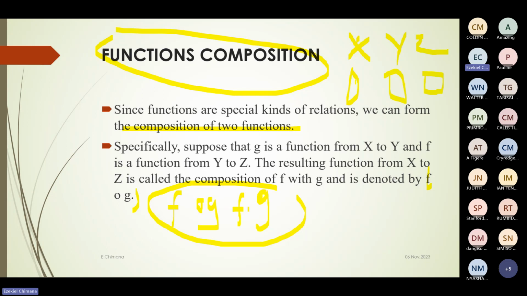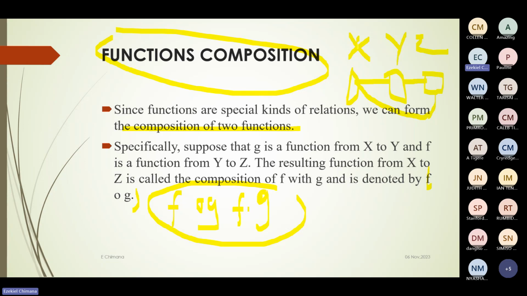The values map from X to Y and then from Y to Z. Whenever you have a certain value, let's say 1 is mapped to 2 and then 2 is mapped to 3, it means that 1 is also mapped to 3. That's the composition relation. By putting the value of Y here, we can get the value of Z.